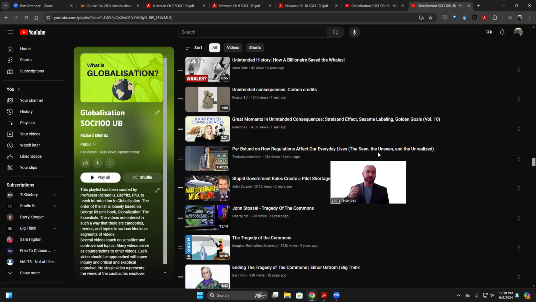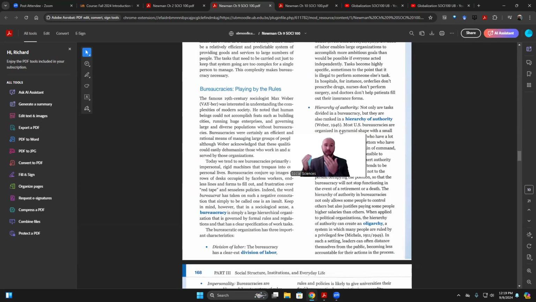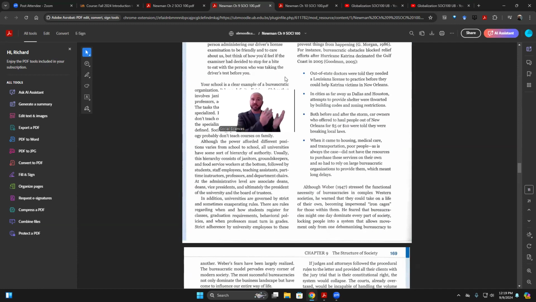And notice a particular social structure involved in unintended consequences are bureaucracies. And that's due to the nature of bureaucracies. So as David Newman discusses here, there are several examples of unintended consequences of bureaucratic policy-making decisions in which people's lives were negatively affected.